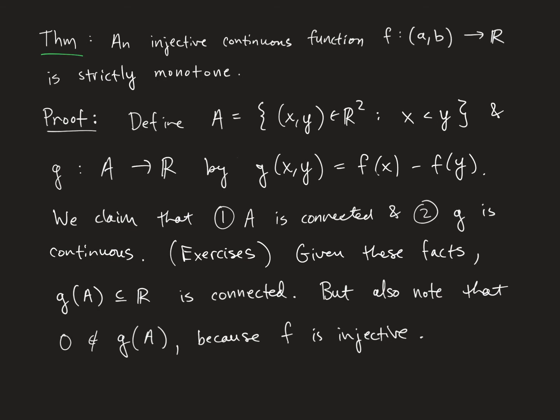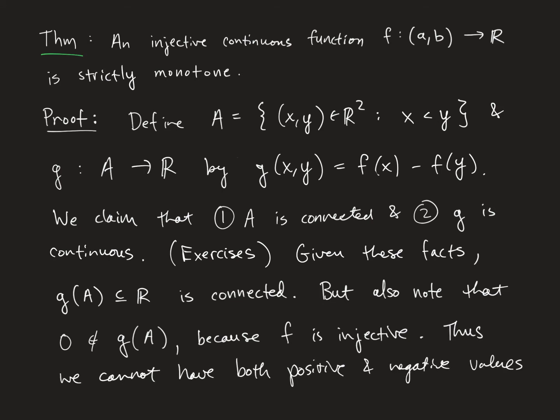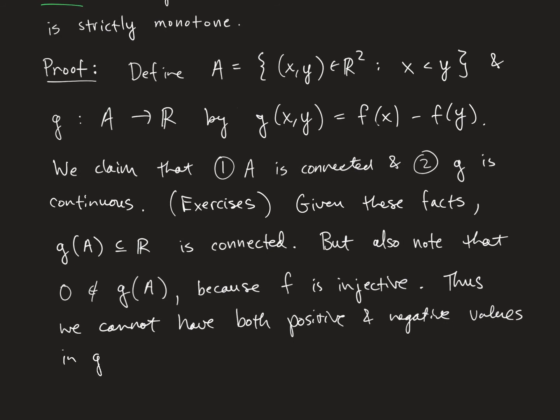So if negative and positive values were in this G of A, then 0 would have to be in G of A, but 0 is not in G of A. So therefore, thus we cannot have both positive and negative values in G of A by the characterization of connected subsets of R.